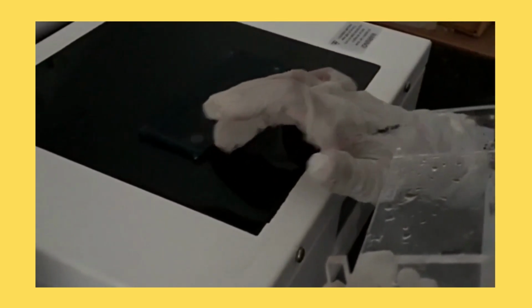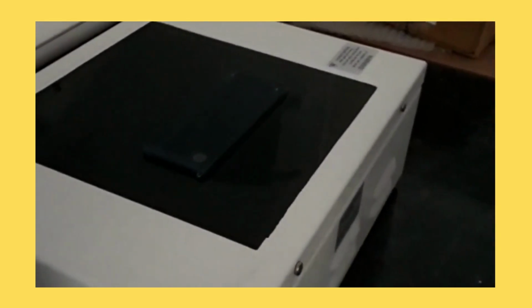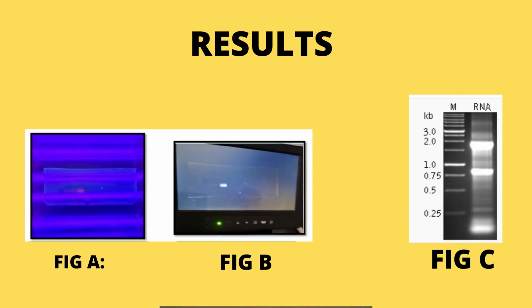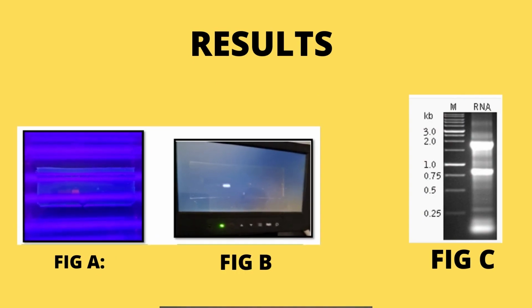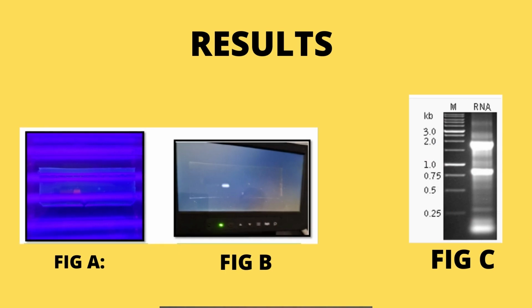Once the gel has been run completely, observe the bands under UV. So the result: figures A and B show the RNA images of our experiment, and figure C shows the reference, that is an ideal RNA band. When comparing figure A and figure C, in figure C there is a marker, that is an RNA ladder, and on the right hand side is an RNA band.